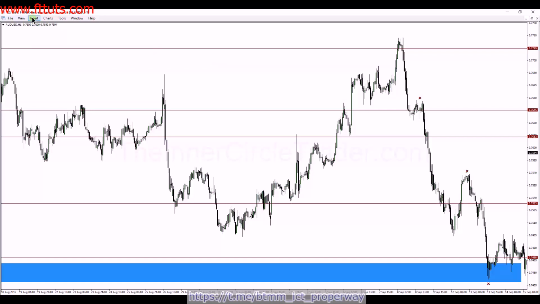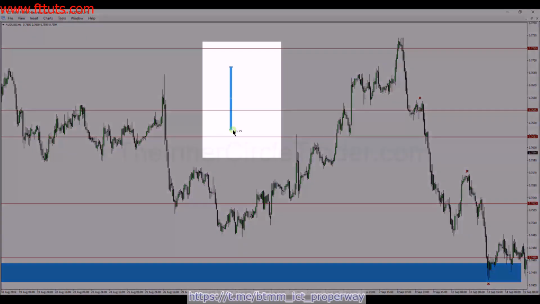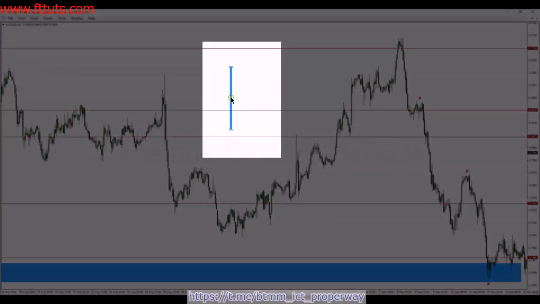After the market rallies up or moves down for a period of time, say it just creates a quick rally up, then after that rally, the market will go into another consolidation. Think about IPDA now.